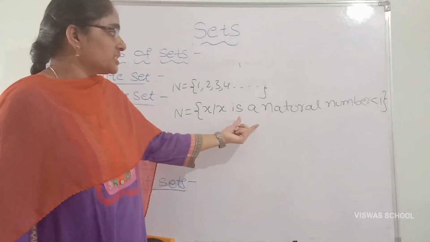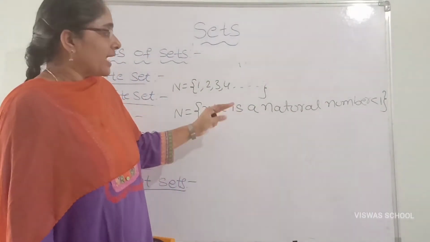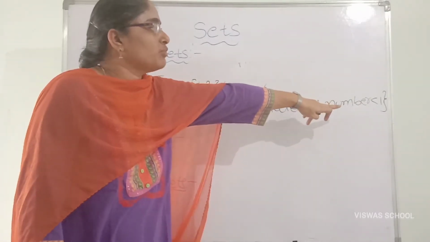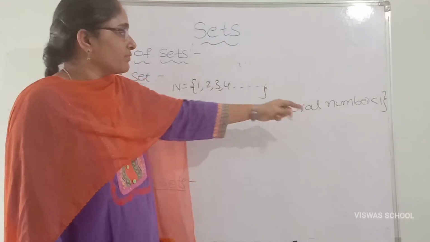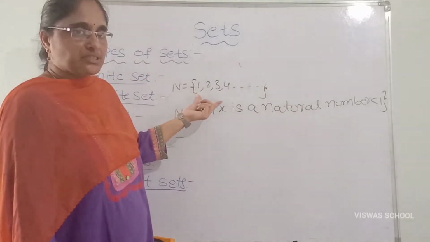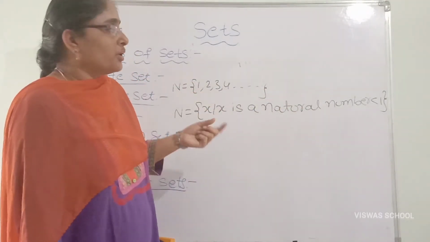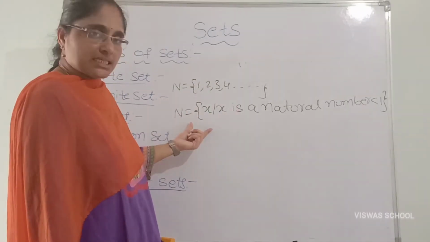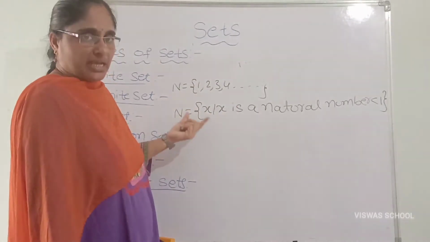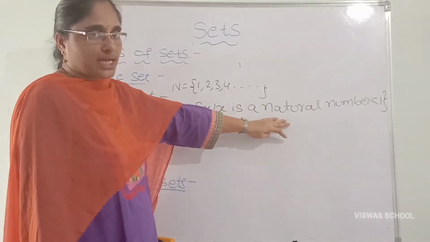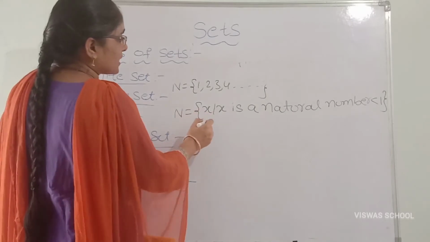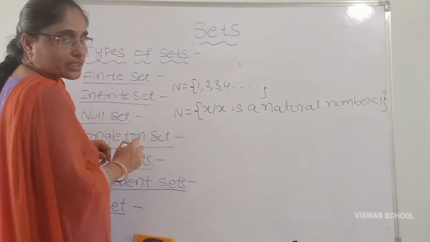Here the condition is that x is an element and that element is a natural number, and one more condition is less than 1. Do you have any natural number less than 1? No, because natural numbers start from 1 only. So in this set we don't have any elements based on this condition. Then in this case it is called a null set.